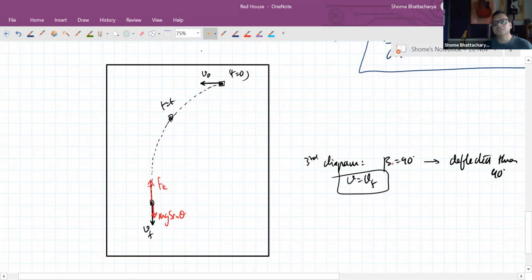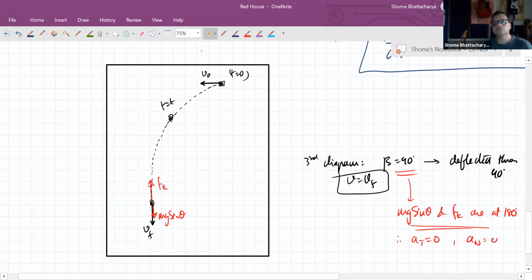So when this happens, mg sin theta and friction are at 180 degrees. So the tangential acceleration becomes zero, and along with that the normal acceleration is also zero.